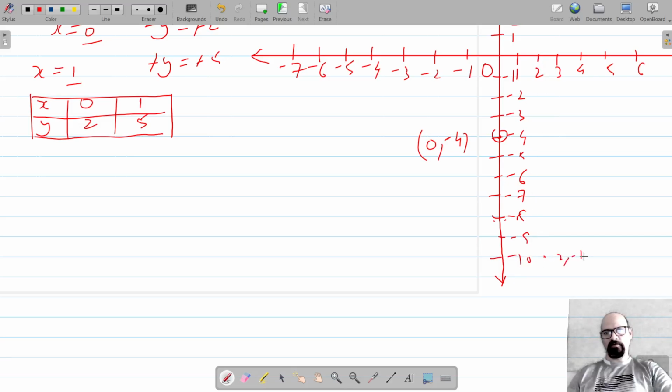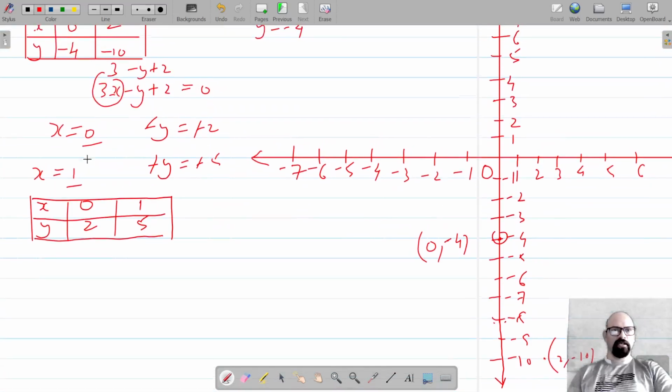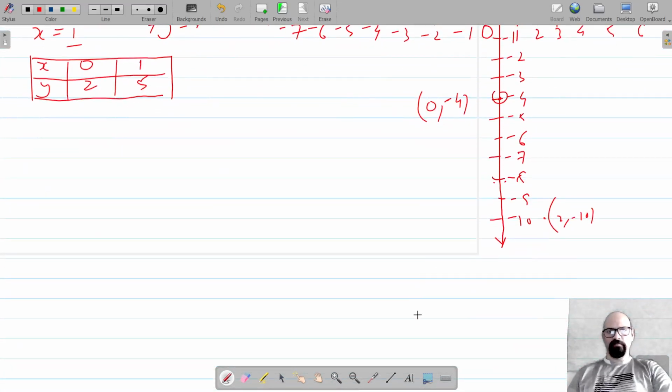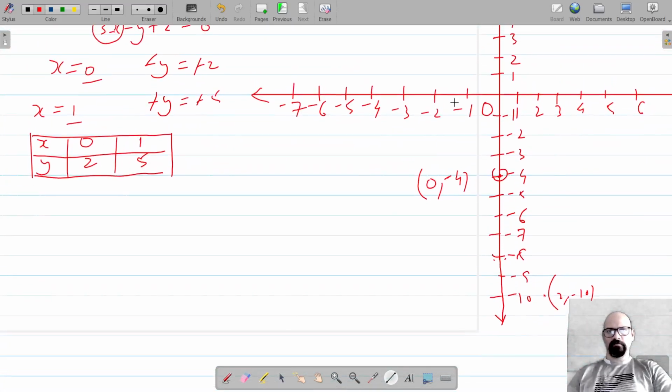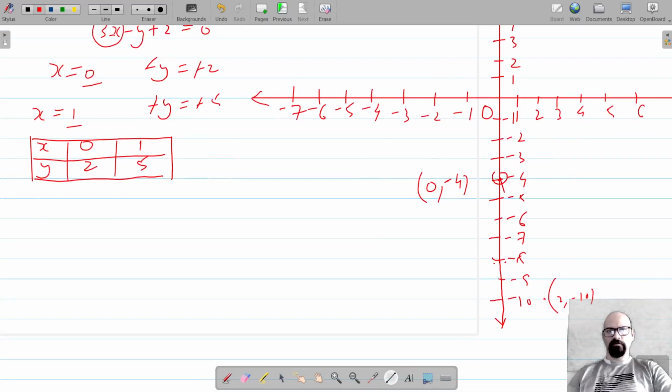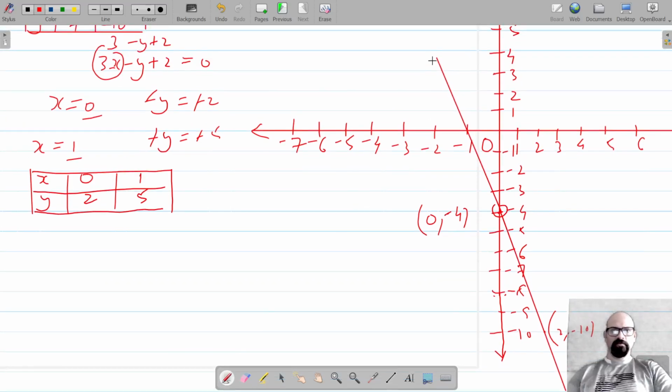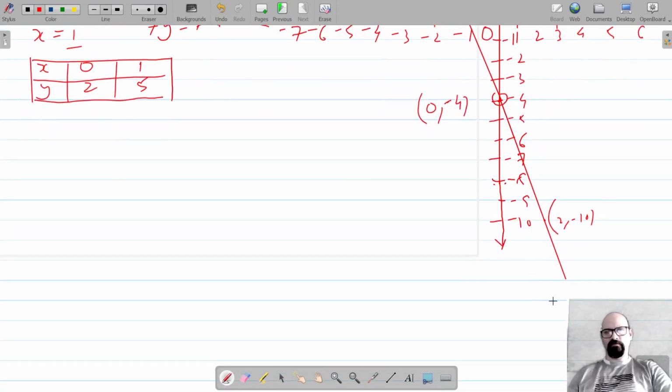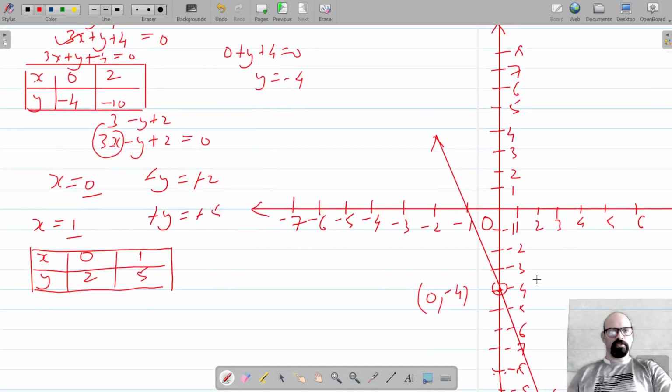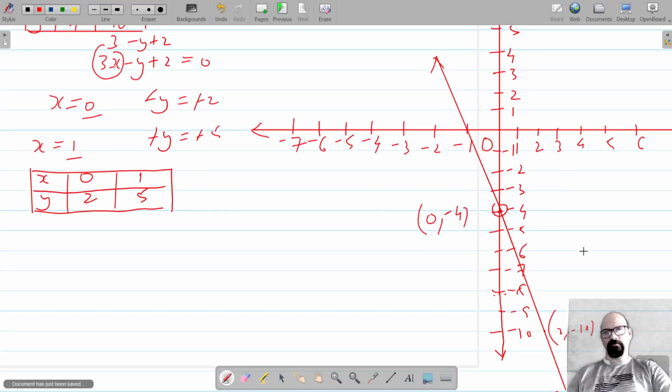Let's join these points. It goes through 2 comma minus 10, and if I produce it, it goes through. So this is the graph for the first equation, which is 3x plus y plus 4 is equal to 0.